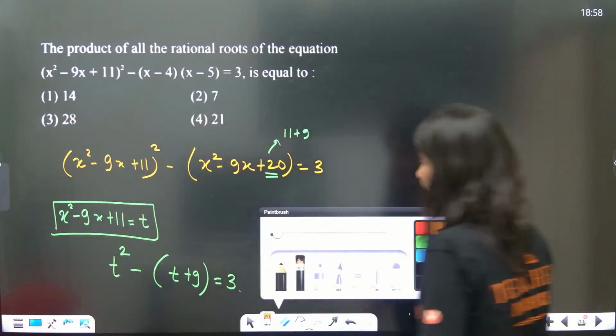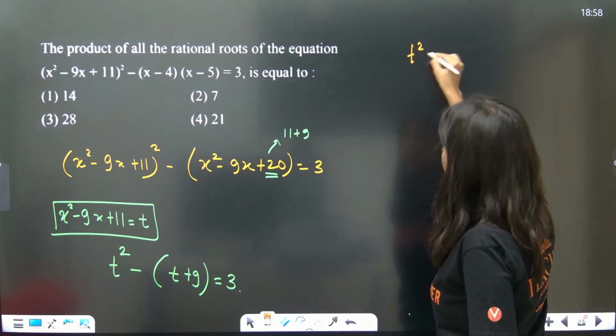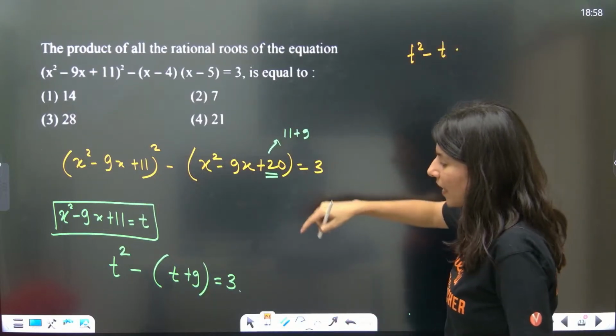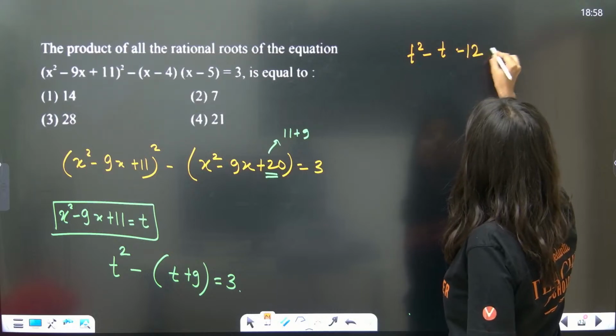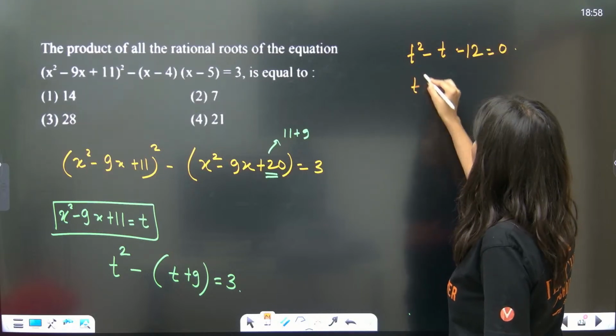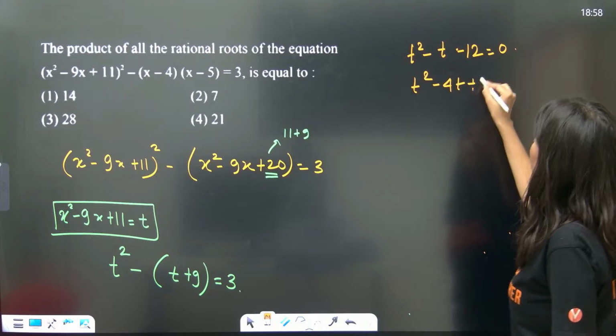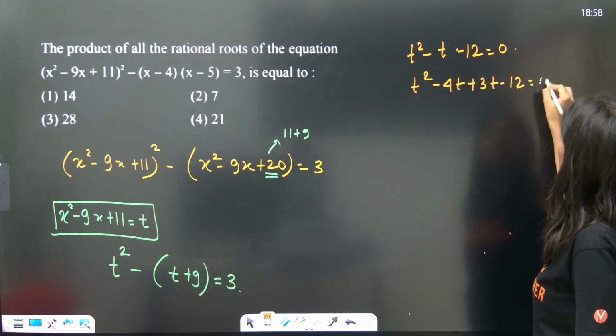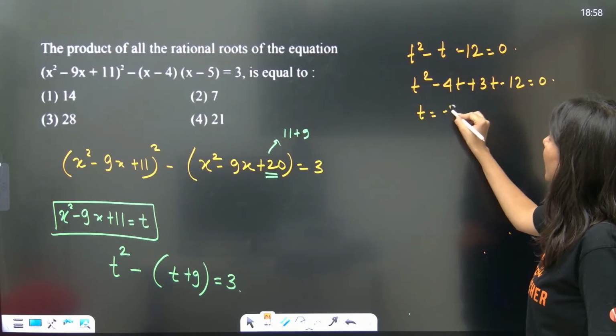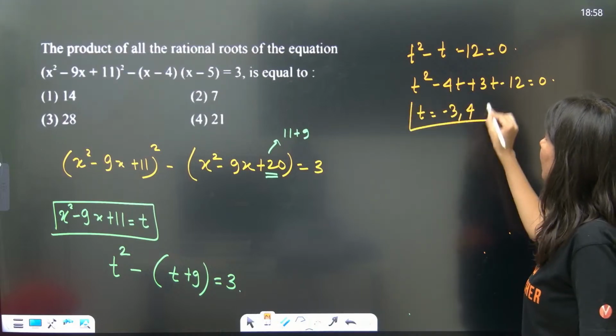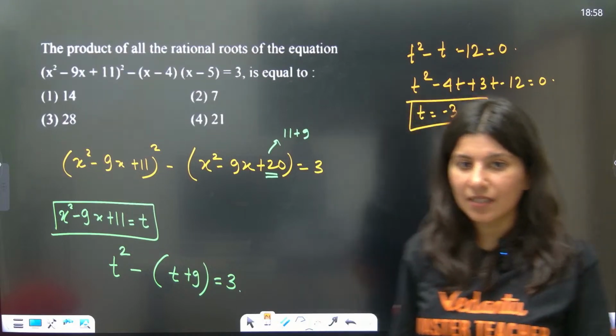Now solve it. t square minus t minus 9 minus 3, so minus 12, is equal to 0. So from here t square minus 4t plus 3t minus 12 is equal to 0. So t is equal to minus 3 comma 4.